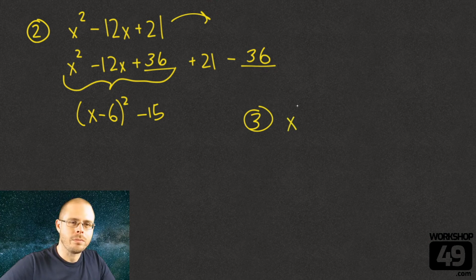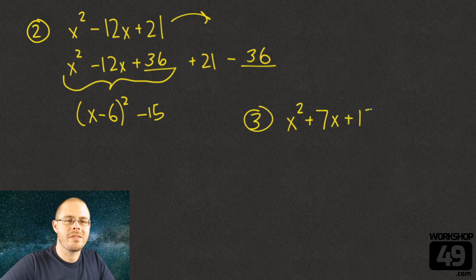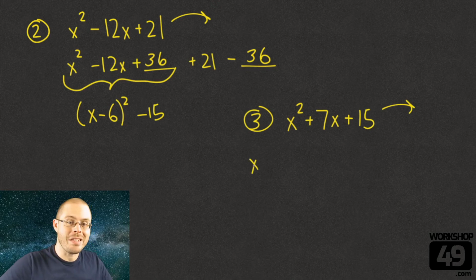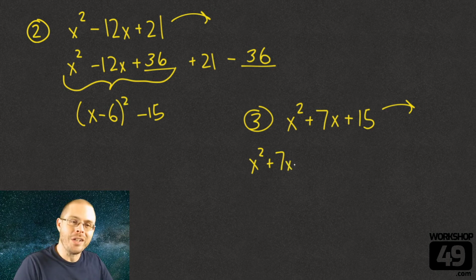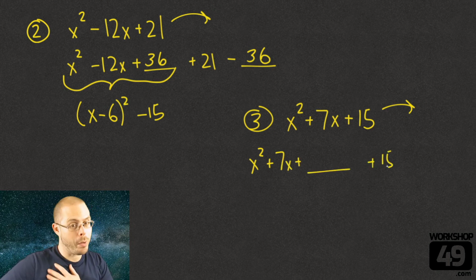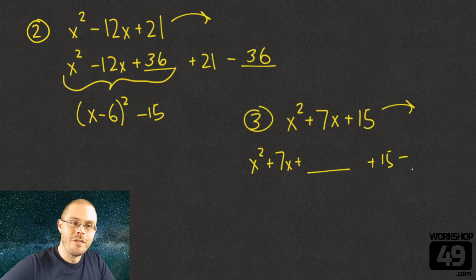One more example. In example number 3, we have x squared plus 7x plus 15. Not a perfect square. We want to make it a perfect square. Just like before, we take that c value and chuck it right over. We're left with x squared plus 7x plus what we wish was there, plus our 15, and we subtract whatever we add.